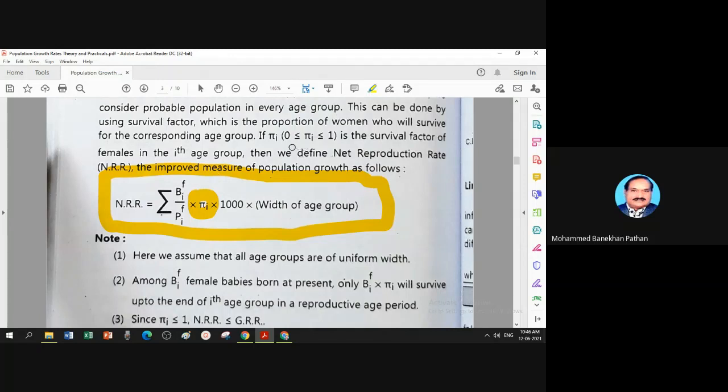So in GRR, we assume all the female children are alive till their fertility age, that means 18 to 45. That is a drawback of GRR, which is overcome by NRR.